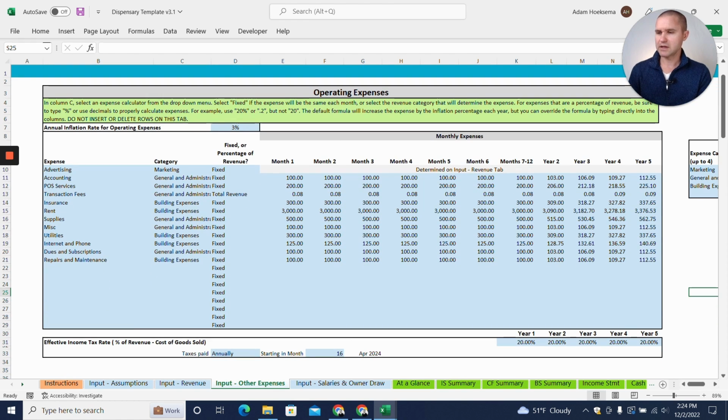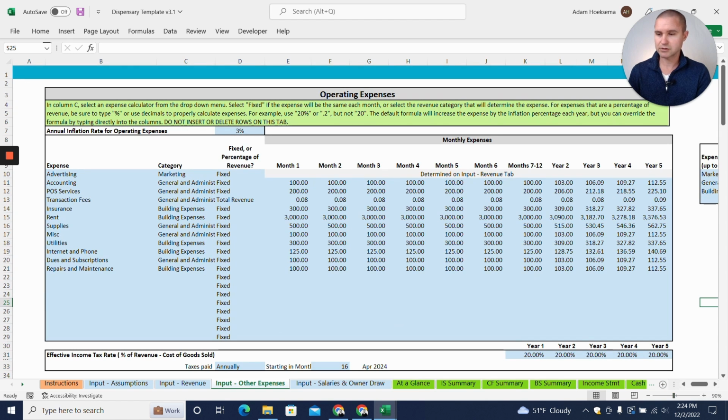So we've already entered in our advertising on the other tab. I'm going to zoom in just a little bit more here. Now we have our expenses like accounting, point of sale services, transaction fees. Now you can set these transaction fees as a percentage of total revenue as well.